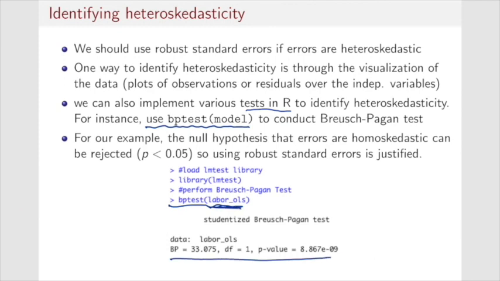Then according to the p-value, it is very small, so we can reject the null hypothesis that the error terms are homoscedastic. Therefore, it is justified to correct for the heteroscedasticity and use the robust standard errors. Once we have these robust standard errors, then we can calculate the robust t-statistics and do the hypothesis test regarding the true parameter beta j.